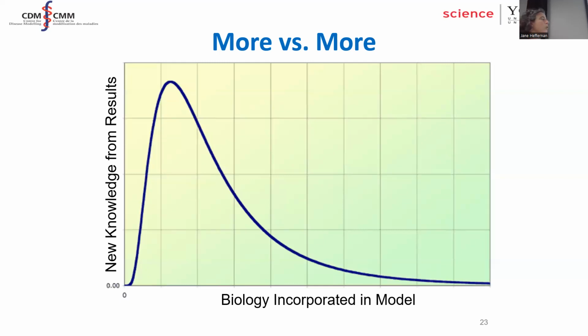The more biology we incorporate into our models, the more uncertainty we're also going to incorporate. And then that means that we have to do sensitivity and uncertainty analysis. And we can get a whole whack of crazy information from that. So we don't want to have not enough biology. We don't want to have too much biology in our models. We want to have just enough so that we get that optimal level of new knowledge from our results.